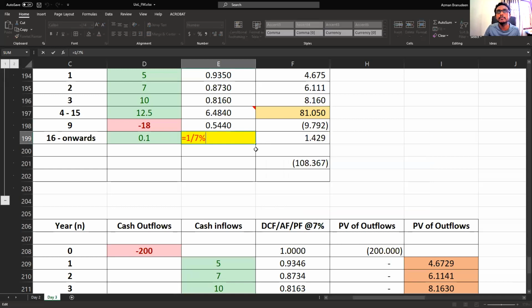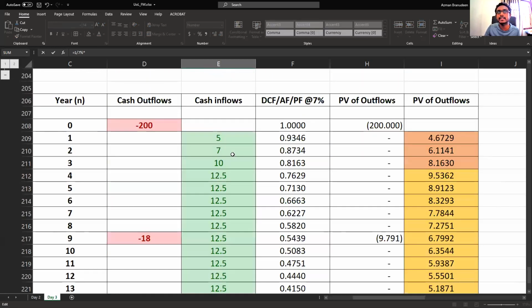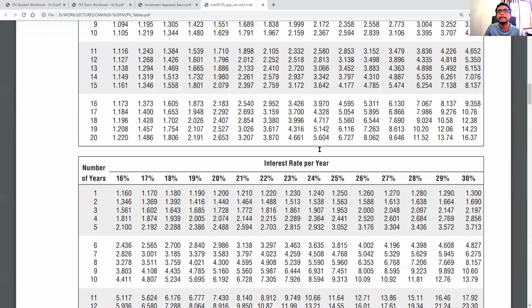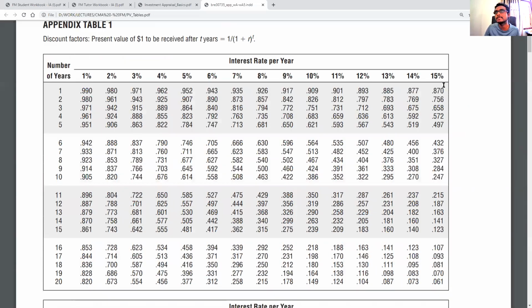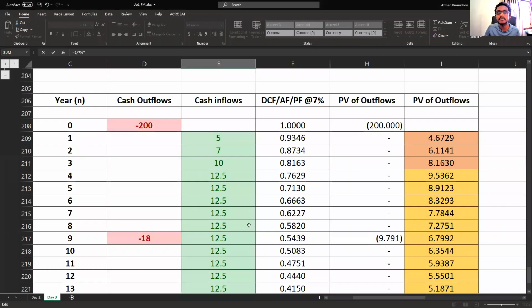So 14.2857 into what is the discounting factor year 15 of 7%? 0.362.